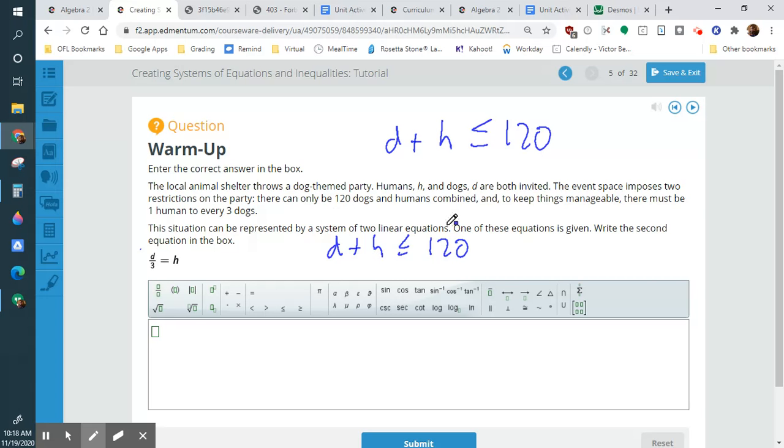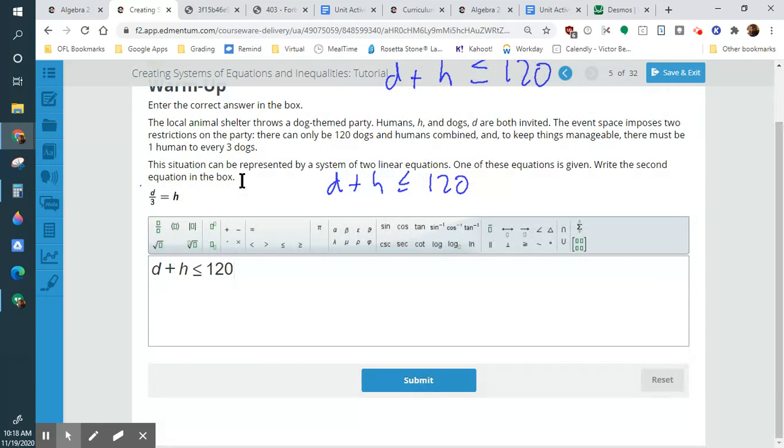The situation is represented by 2 linear functions. Write the second one. Oh, so I rewrote the second one. I thought they were going to have us solve for how many dogs can be there. So we're going to say that D plus H is less than or equal to 120, because what if nobody wants to come to your party? I have a feeling though Edmentum's going to be dumb.